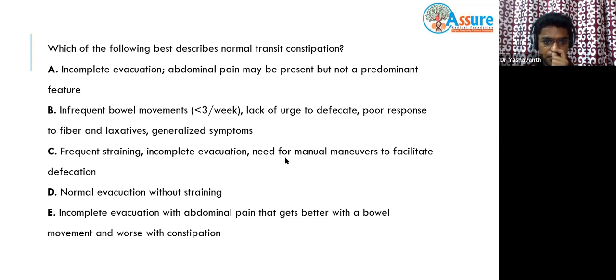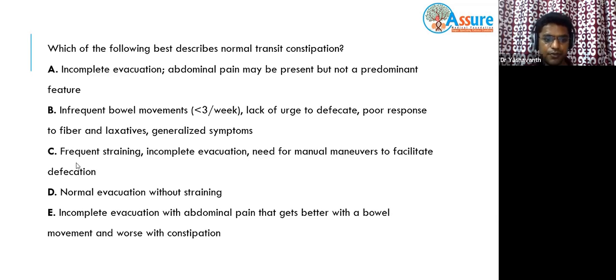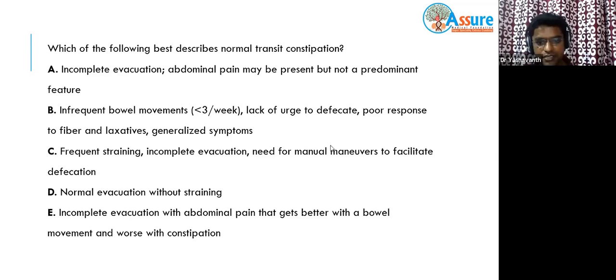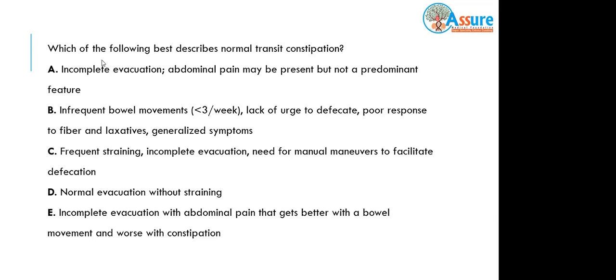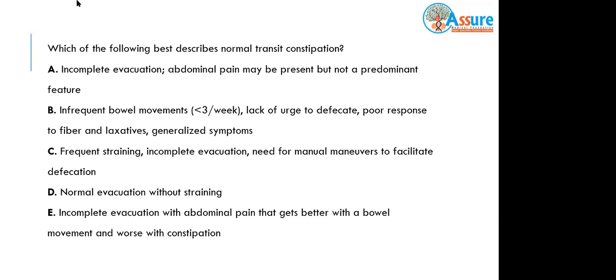Infrequent bowel movements: slow transit constipation. What does C suggest? Frequent straining: dyssynergic defecation. Yes, very good. And D suggests normal. What does E suggest? IBS. Very good.